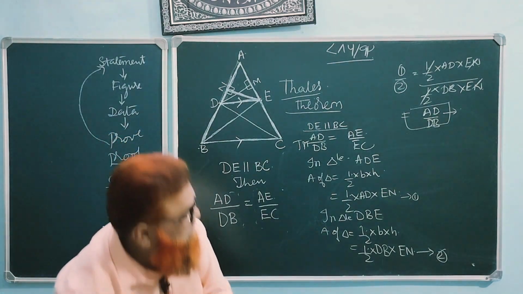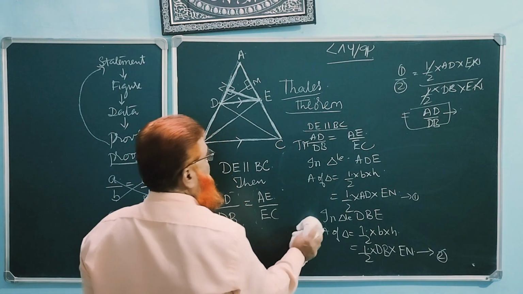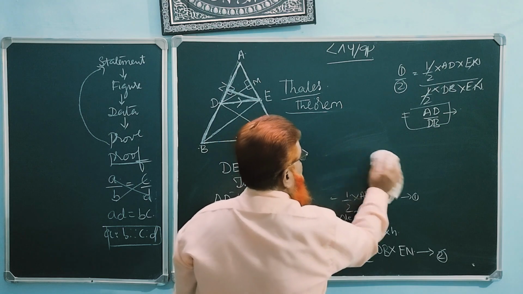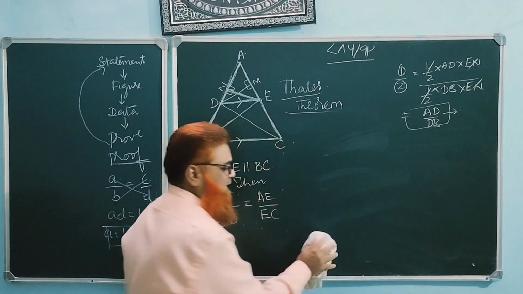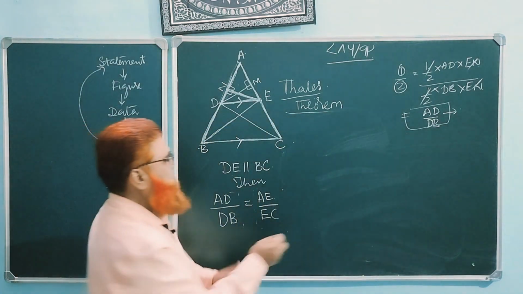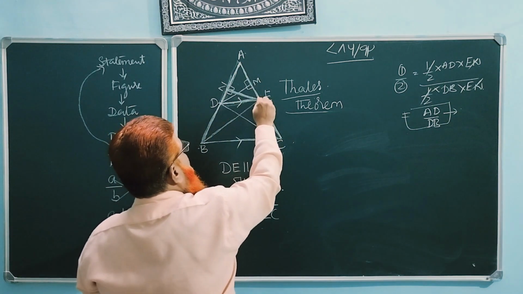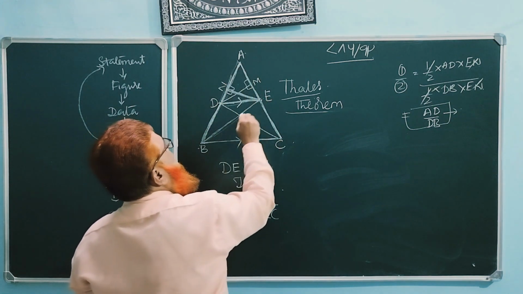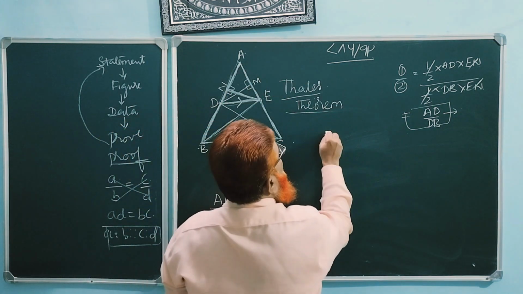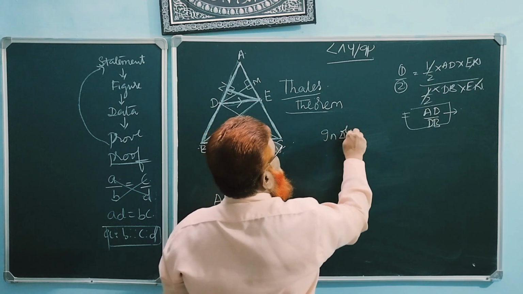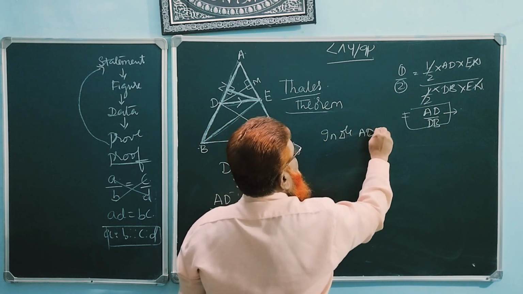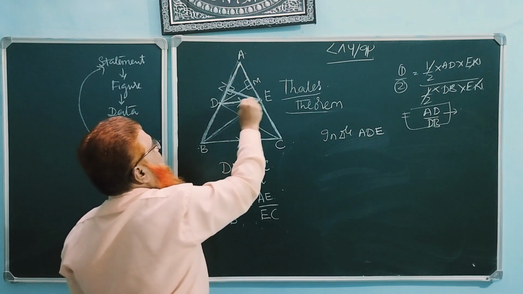Okay. Now, in the same way, we are going to take the other side. What side is it? Listen. I have taken ADE and AD produced to the triangle DBE. Now again I take triangle ADE.